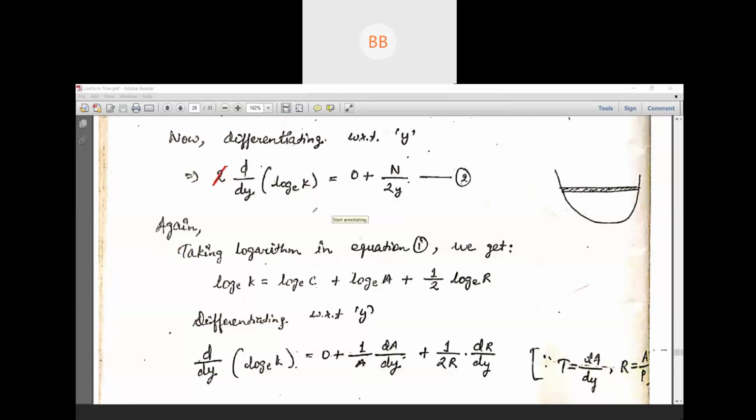So our equation 1 was K is equal to C multiplied by area, multiplied by r to the power half. Now we are going to take log on both sides. So this will be log e k. We have the constant C, so log e c.